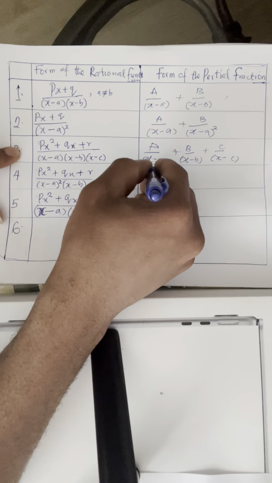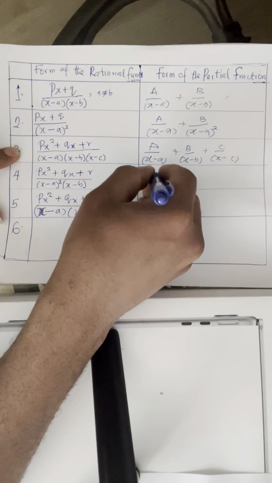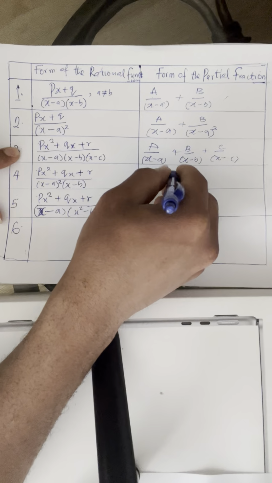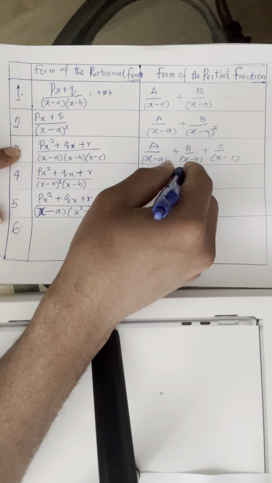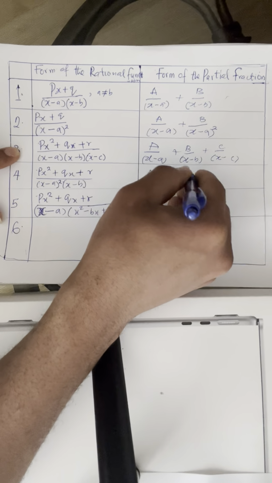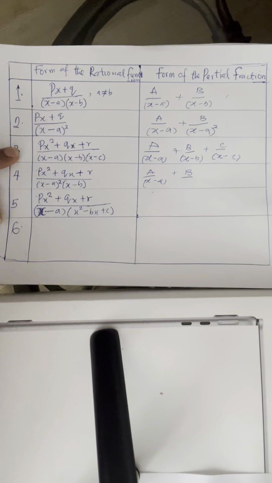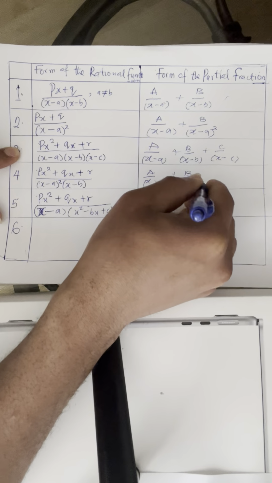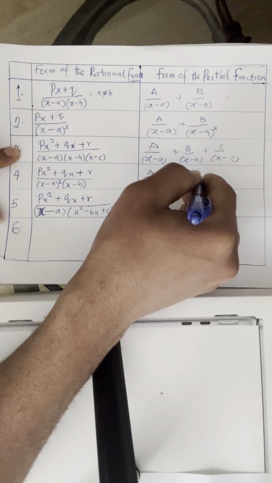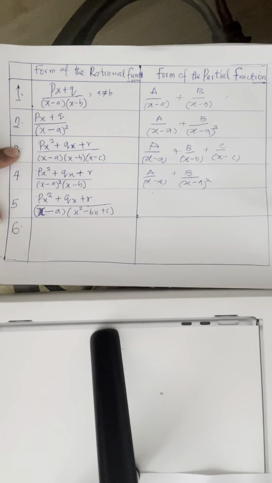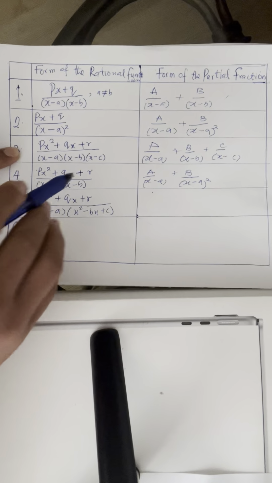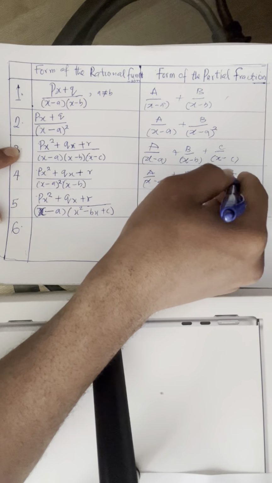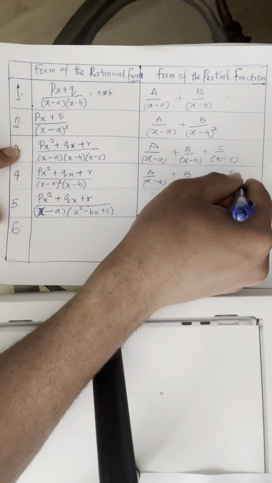You express it as a over x minus a plus b over x minus a raised to the power 2. Okay, and the last one will be plus c over x minus b.